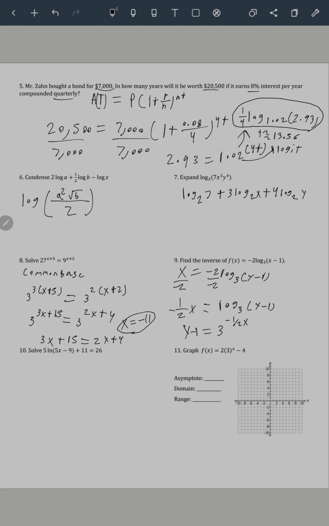And essentially what happens is, you've got this, right? And you can just bring this to the other side. So this is y, right? We bring the 1 to the other side, so y equals 1 over 3 to the power of 1 over 2x, plus 1.